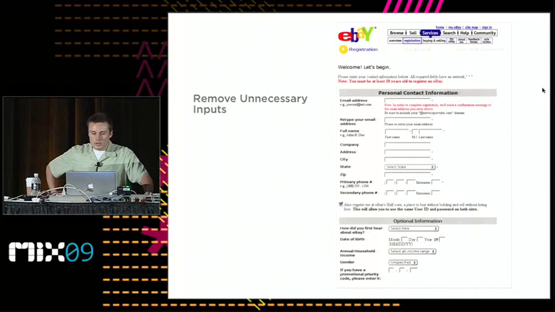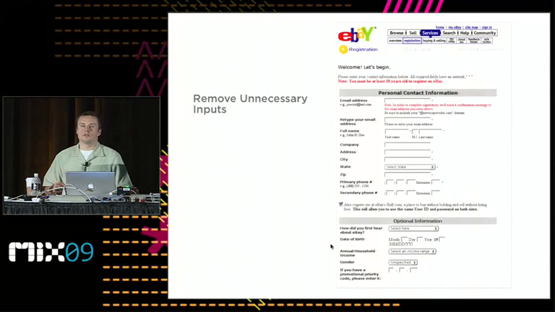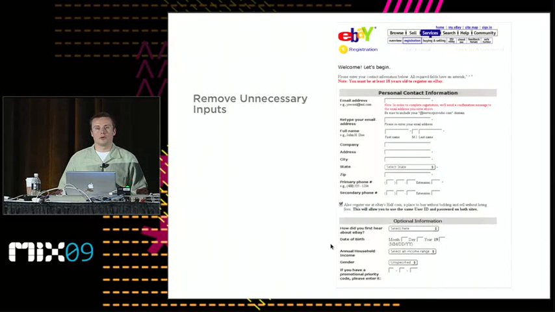This was the eBay registration form back in 2003, and there was a number of input fields in here that were a little jarring, like annual household income, gender, right? When this thing got redesigned and a lot of questions got taken out and postponed and put after the registration form, completion rates shot through the roof. It was a huge financial impact to eBay because they got a ton of new members in.